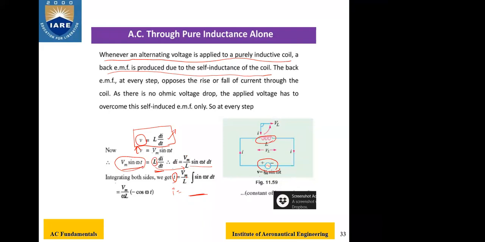That I is equal to Vm by L into the integral of sin omega t. What is the integral of sin omega t? Minus cos omega t we are getting here.